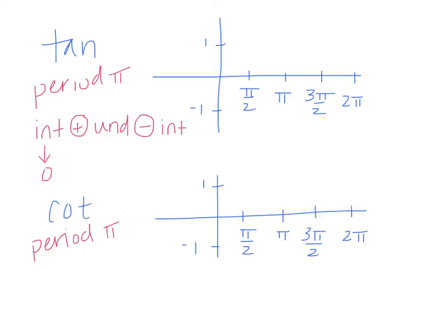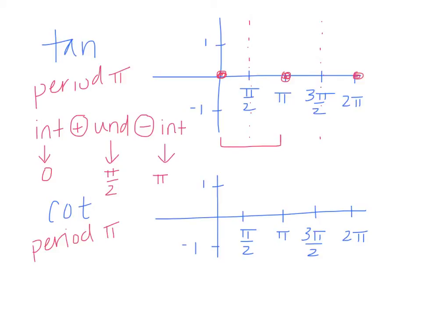This intercept happens at 0, this next intercept happens at pi, the undefined is halfway in between at pi halves. So that looks like intercept at 0, undefined at pi halves, intercept again at pi. That's one period, and then it repeats.